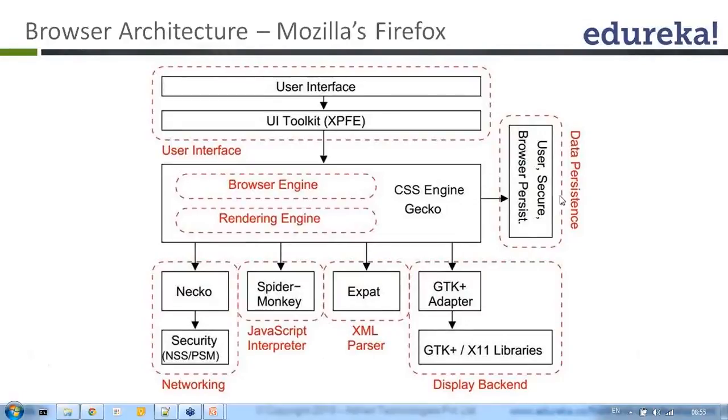If you're doing any shopping on an online shopping site, then you need to persist some data on the browser side. That is taken care of by the data persistence module. In case of HTML5, there's also something called web storage. That web storage functionality will be implemented by this data persistence module.